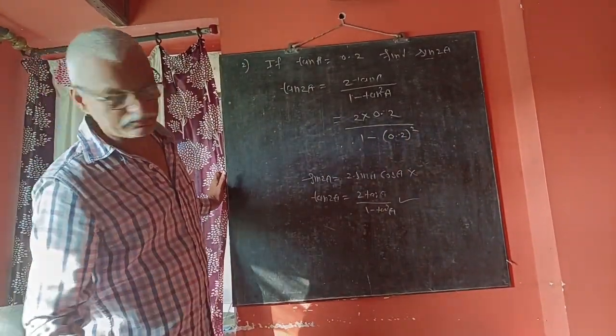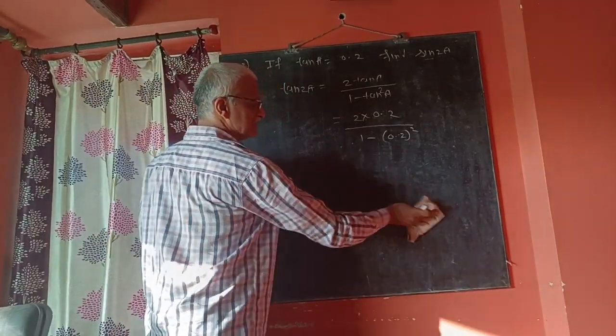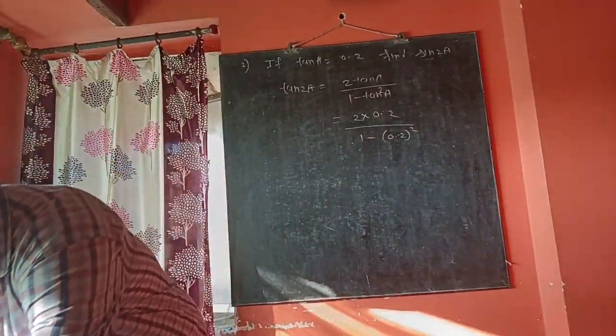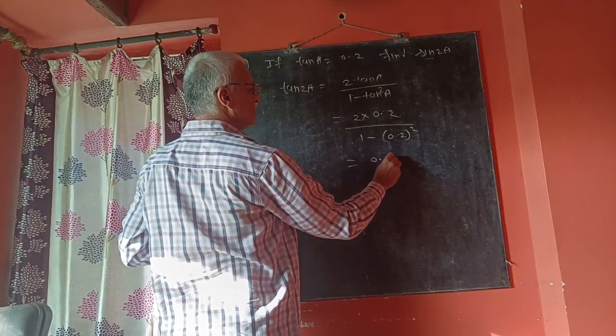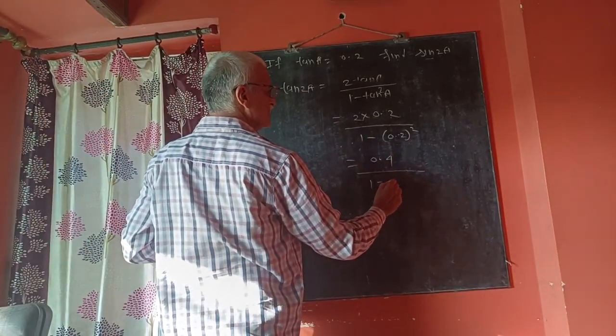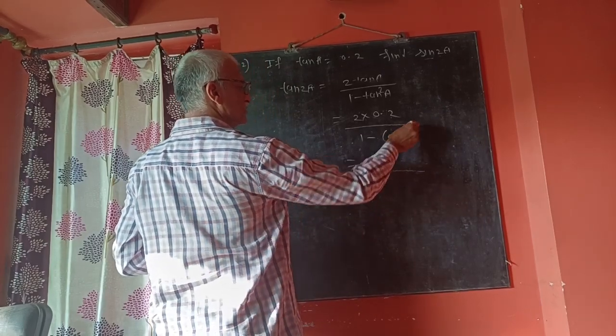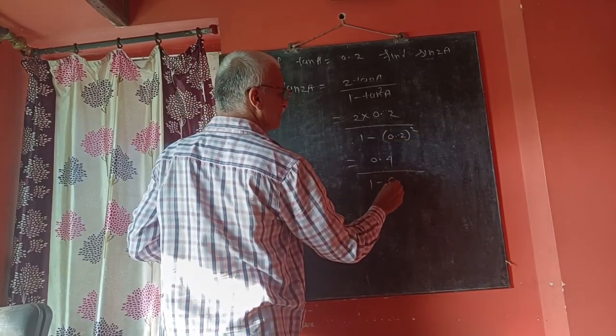Now calculations: 2 into 0.2 is 0.4, divided by 1 minus 0.2 square. 2 square is 4, so that will be 0.04.